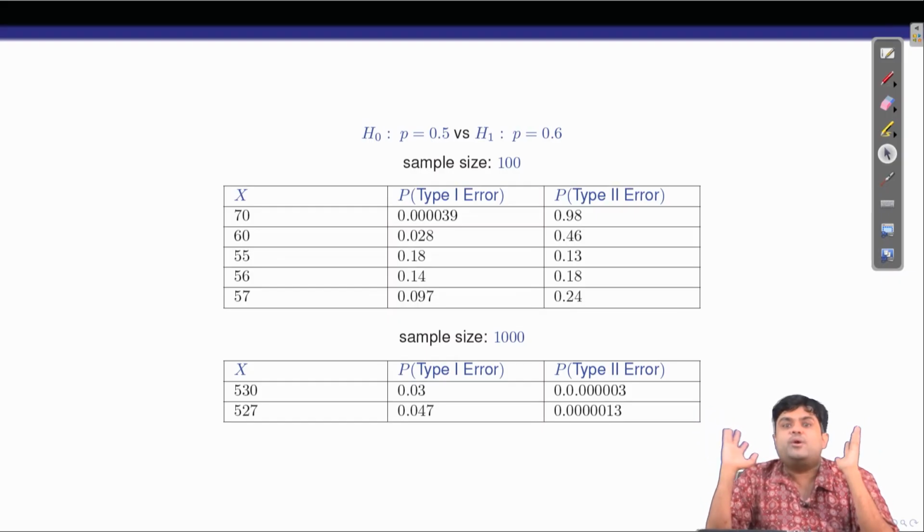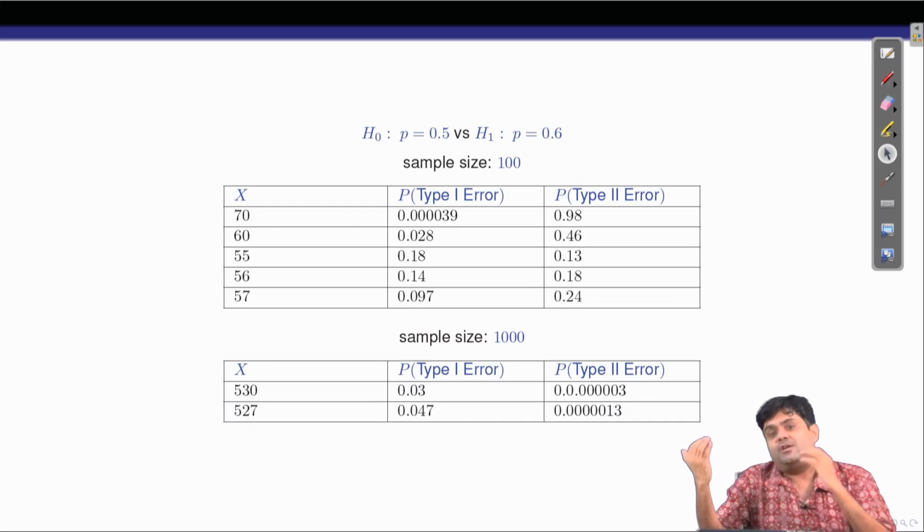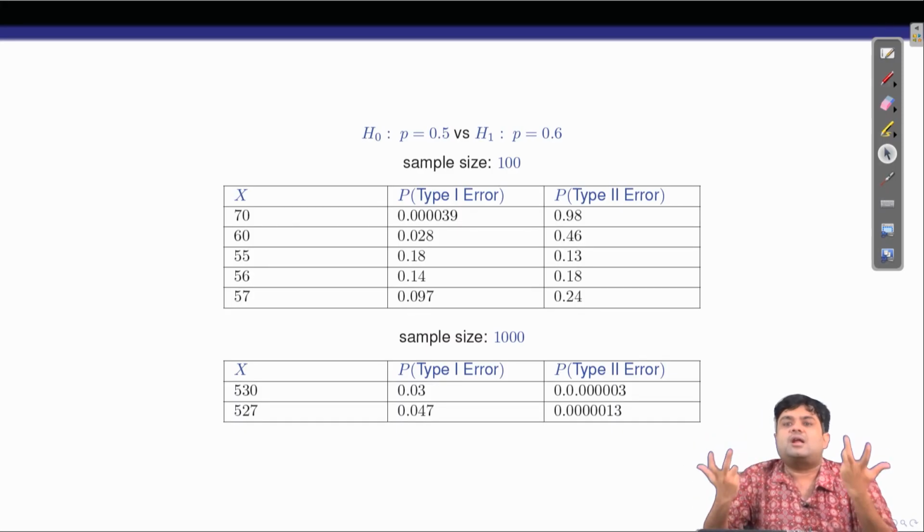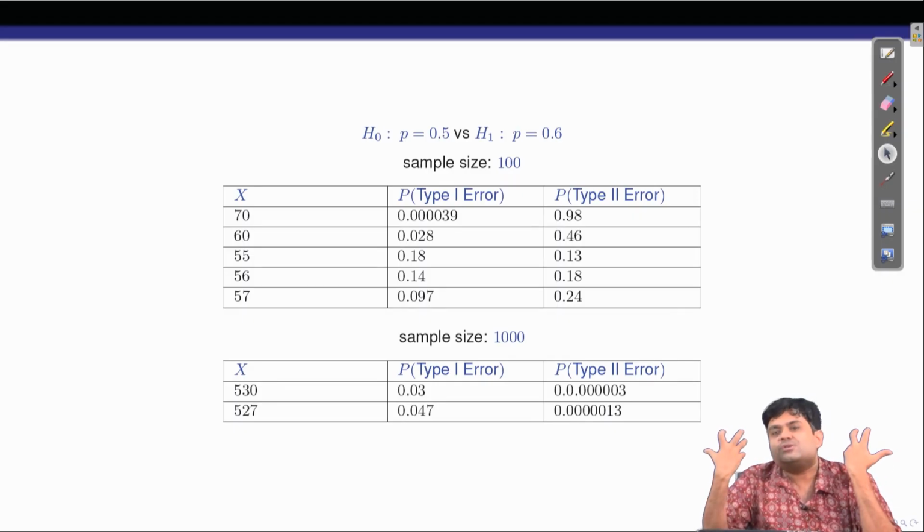The only way to do it is to increase the sample size. So, roughly speaking, if you want to reduce both kinds of error, basically you have to collect more samples.